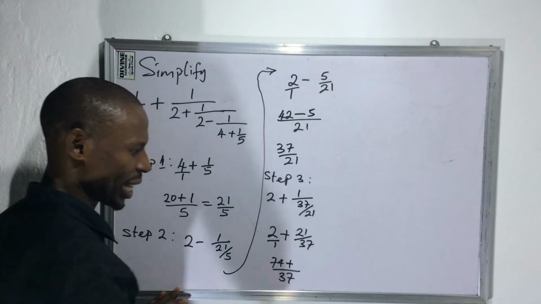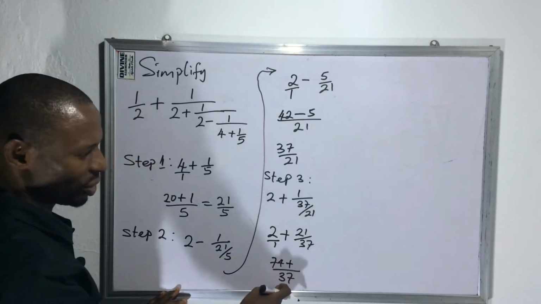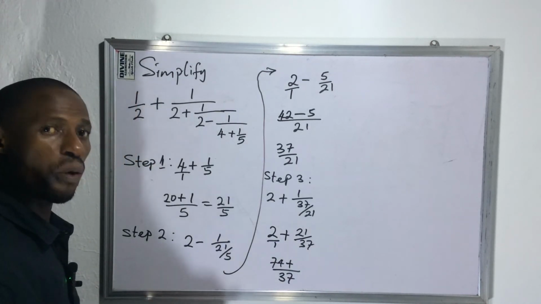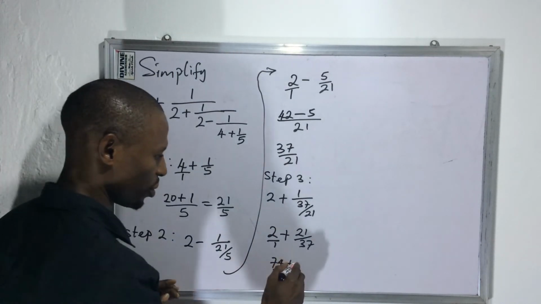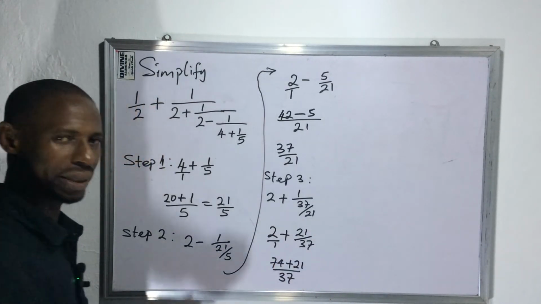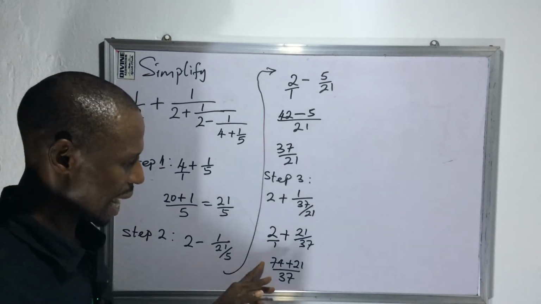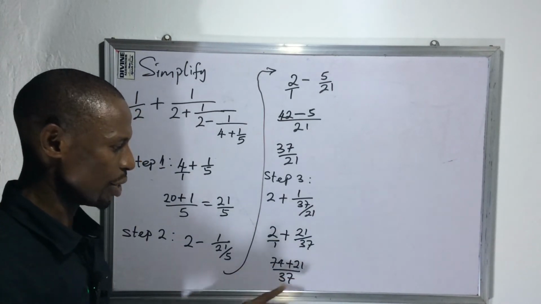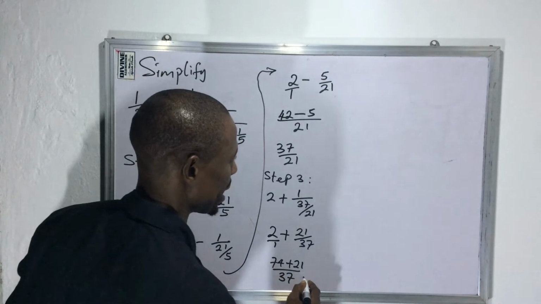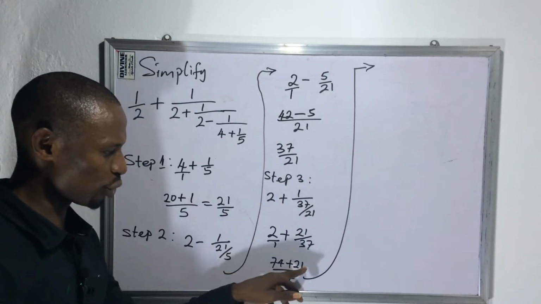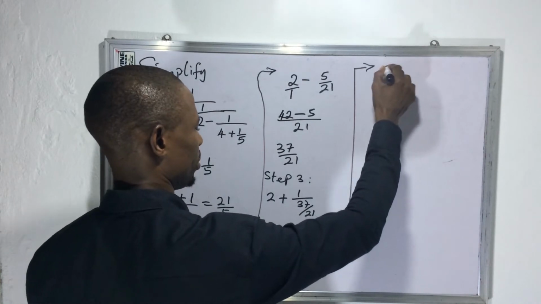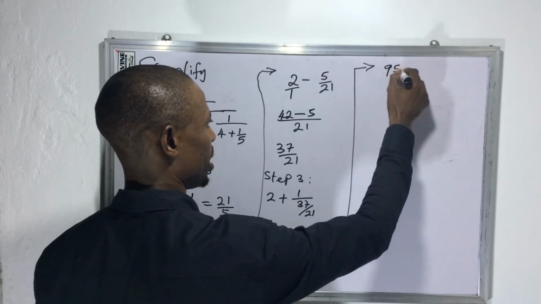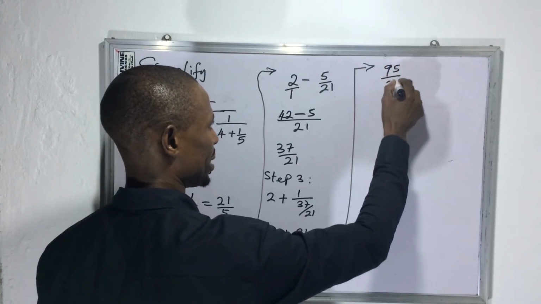Bring down your plus sign. 37 into 37 will give us 1. 1 times the 21 will give us 21. It is at this point we can add these together. 74 plus 21 will give us 95. So we have 95 all over 37.